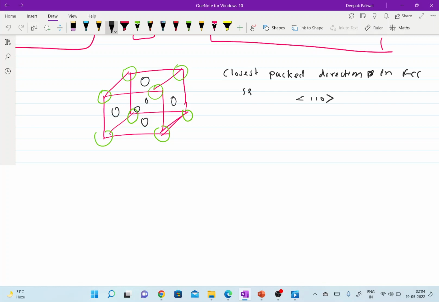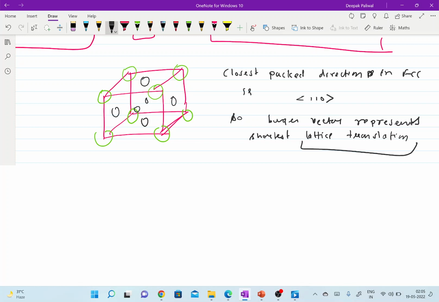Okay, so the Burgers vector represents the shortest lattice translation.